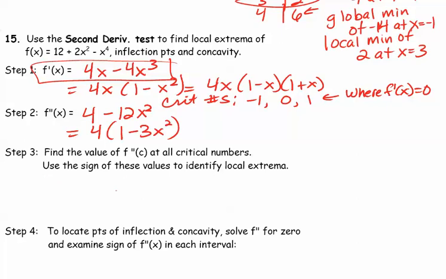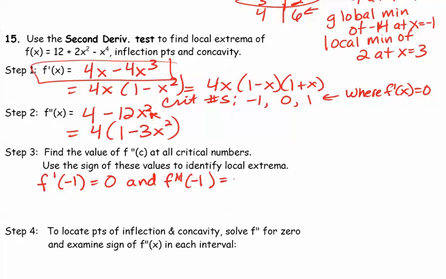So I think I'm going to be even more specific than my directions. f prime of -1 equals 0, and f double prime of -1. Let's plug it into our second derivative, and I guess we could plug it into either the factored form.